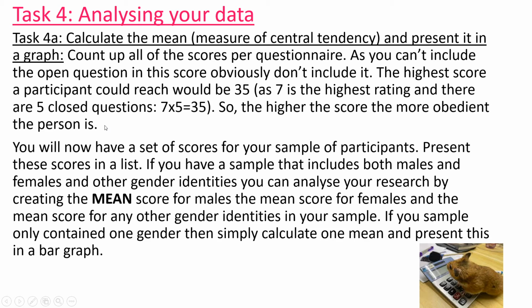You'd calculate the totals of each paper. Somebody might have 35, someone might have 30, someone might have 20, someone might have 15, whatever. Someone might have 0 or 1 or 5, because they might be very naughty and disobedient. Once you've divided the total by the number of participants in your group, that will give you the mean.